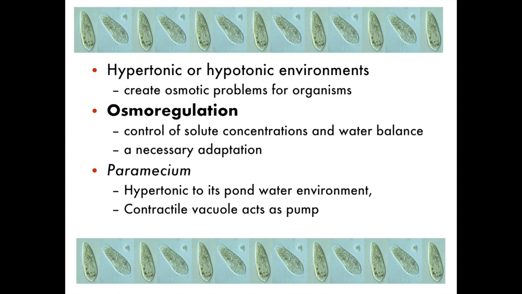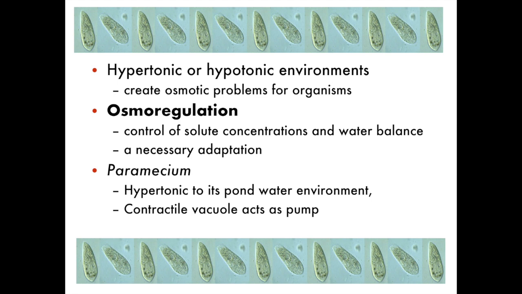So if you're an organism that lives in a hypertonic or hypotonic environment, that can put you through an osmotic stress. So many organisms need to osmoregulate or balance the water that's in the cell with the water that's outside the cell. They need to do that actively.